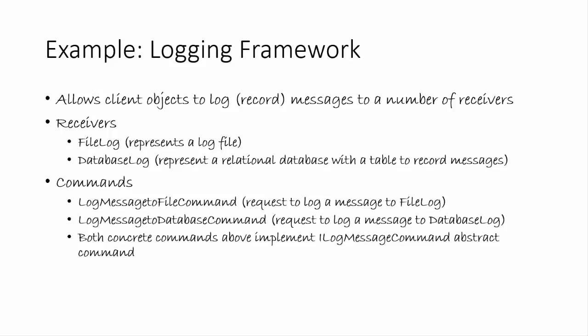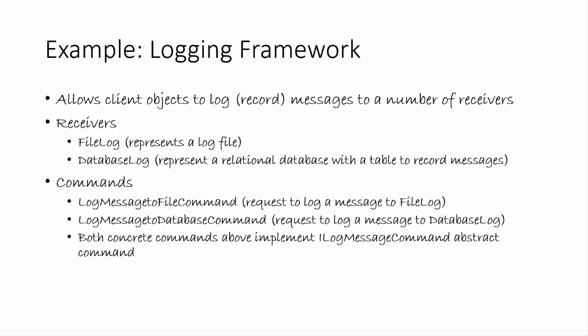The commands that we are going to use for our example are LogMessageToFileCommand, which is self-explanatory, essentially logs a message to a file. LogMessageToDatabaseCommand, which is the second object, does the same thing, but this time to the database log object or the database log receiver.